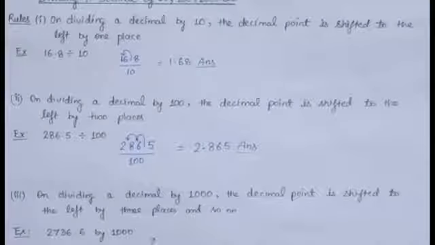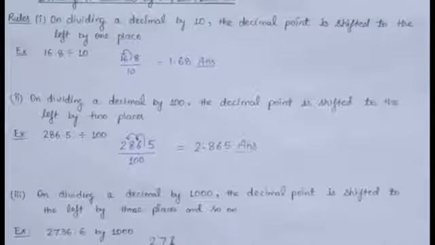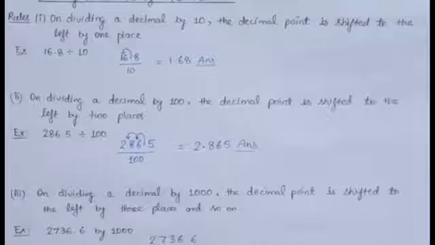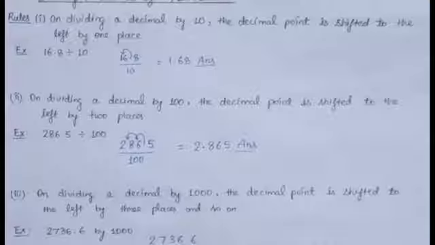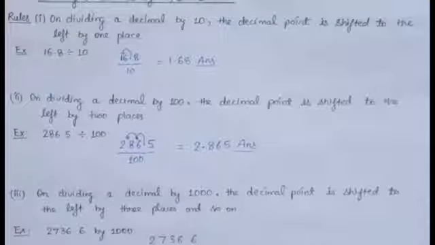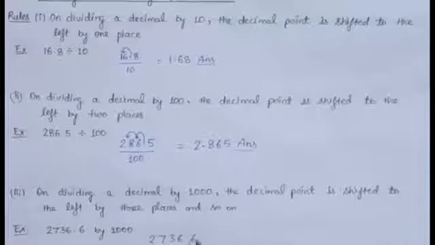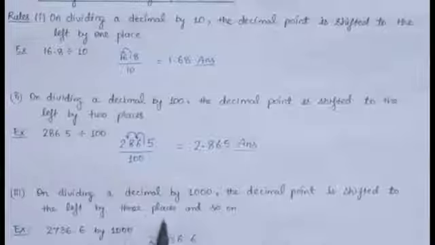So we can write 2736.6 divided by 1000. As you can see, the given decimal 2736.6 is divided by 1000, so we have to shift the decimal point towards the left by three places.